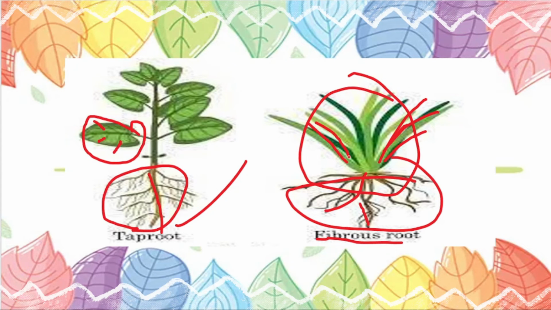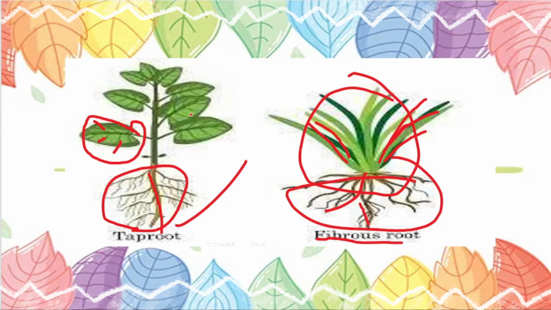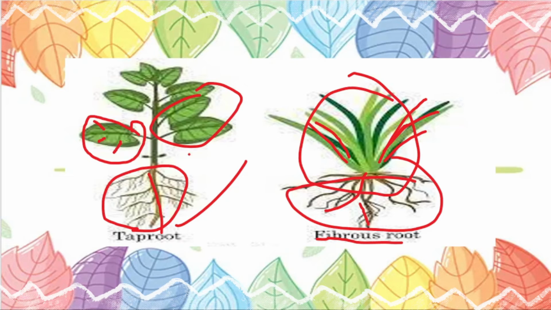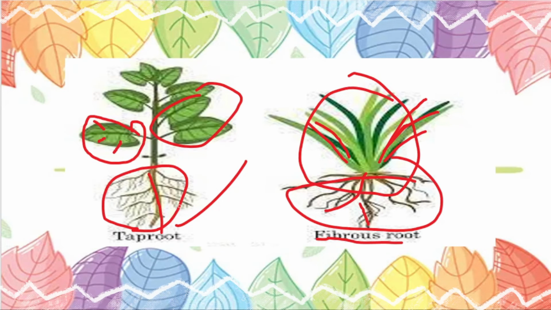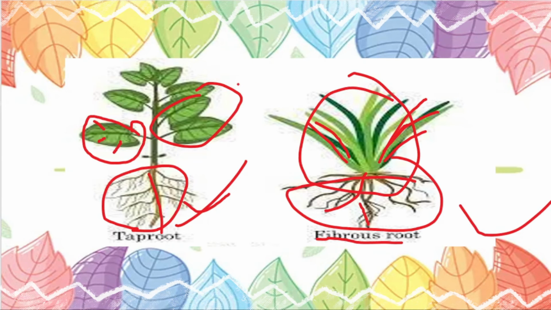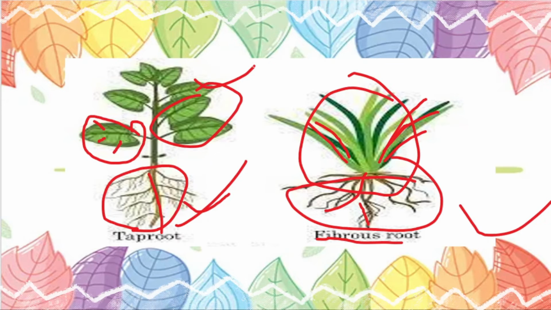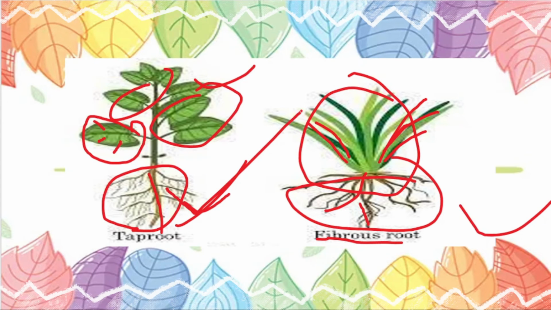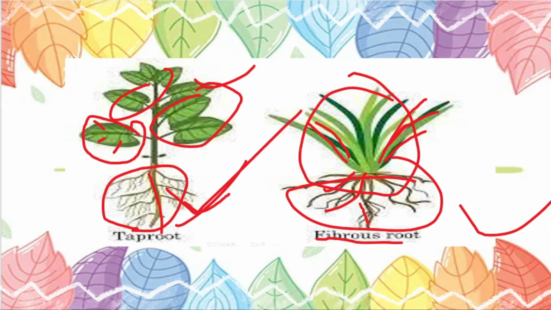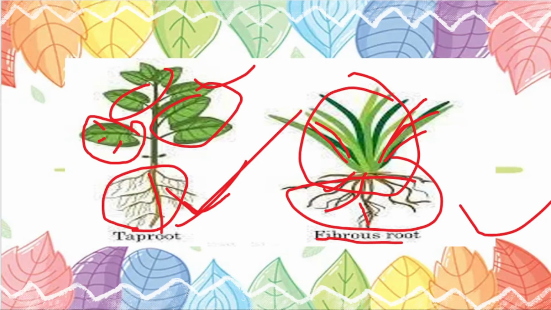So you can identify just by seeing the leaves of the plant what kind of root that plant has, whether it is the tap root or the fibrous root. You just have to find out the leaf pattern, and you will get to know if it is tap root or fibrous root. Isn't it interesting? Yes, nature is very interesting.